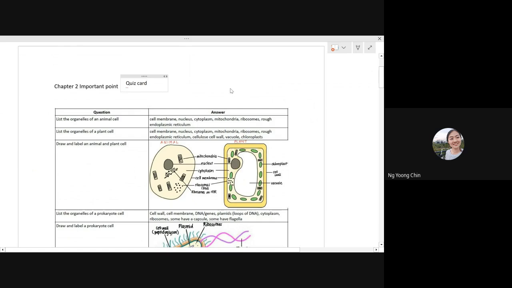Especially for Paper 4, it requires you to answer questions using biological specific terms. The most common problem faced by students is that they can't memorize, or they always forget the correct term to write in the exam. They understand the concept, but they can't describe it with the correct biology term. So this is how you should describe it.